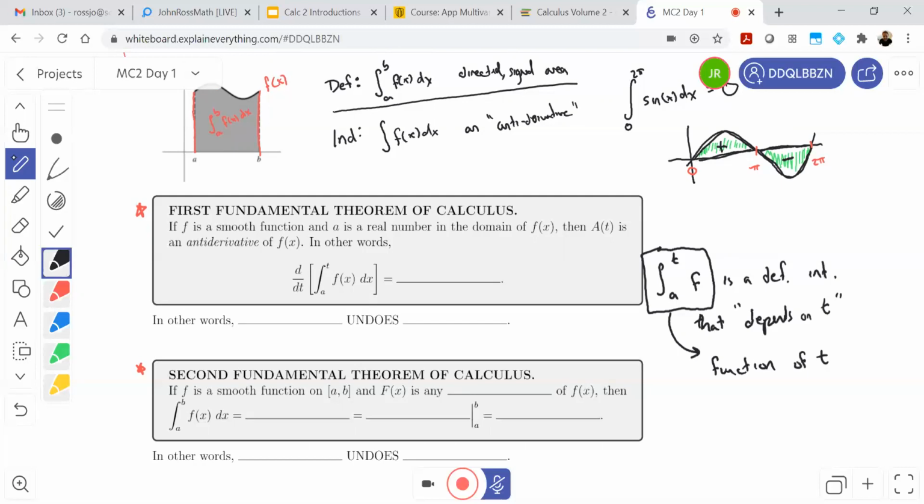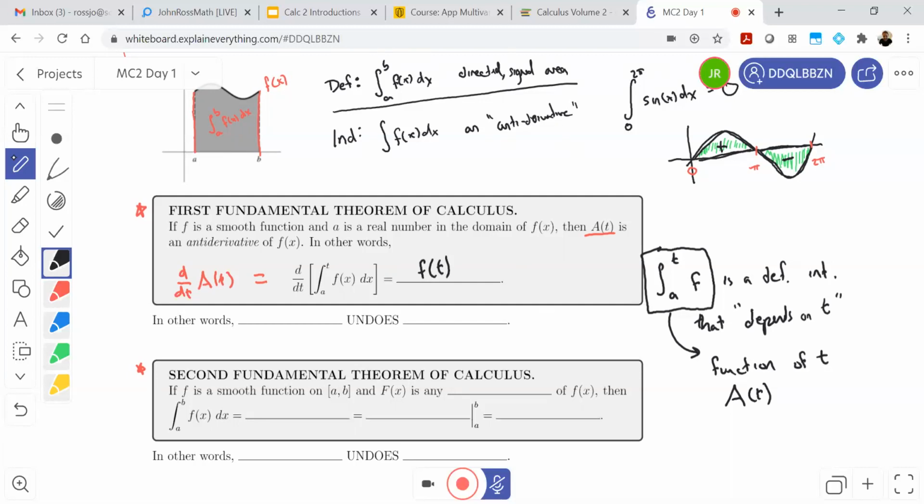So the first fundamental theorem of calculus says that if this new function, which we'll call A of t, the accumulation of the other function, then what we're claiming here is that A of t is an antiderivative of f of x. And so therefore, the derivative of A of t, aka the derivative of this definite integral, is just going to be the function little f of t.